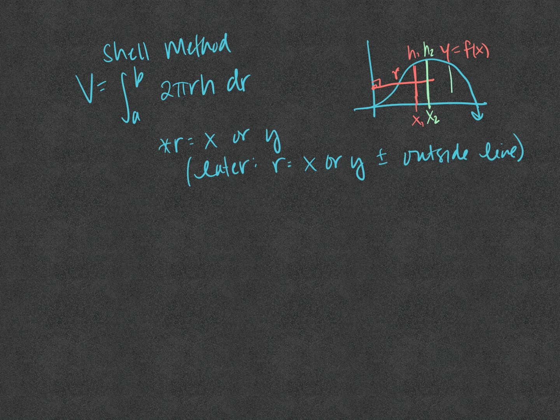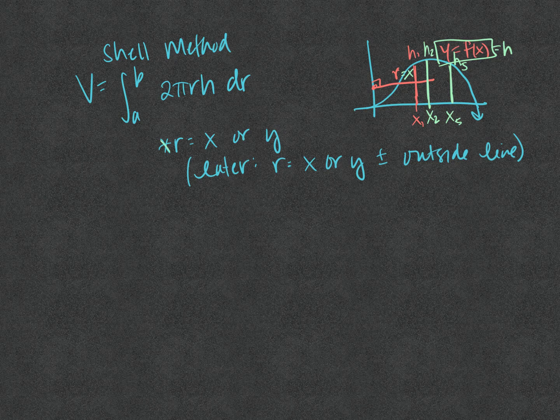And as we move over, let's say we're over here, we have x sub 5. This is h sub 5. It's our height. Now notice our height is always equal to the y value. So our height is going to be equal to the y value, and r is going to be equal to x in this case. And it's the random x that covers all the values in the integral from a to b.